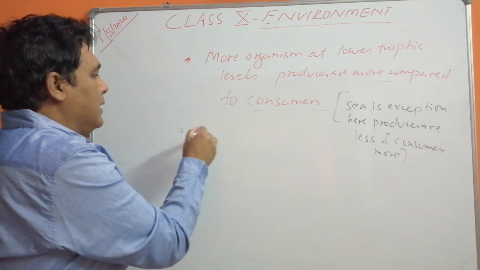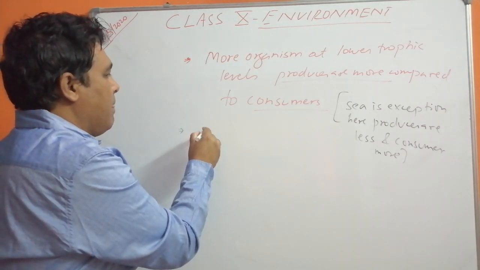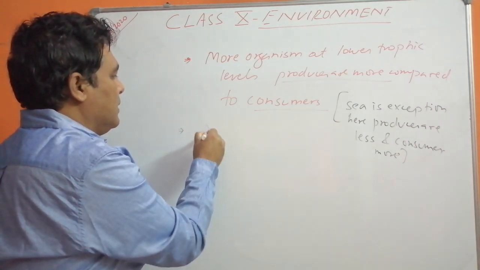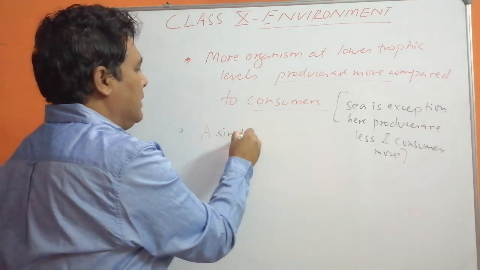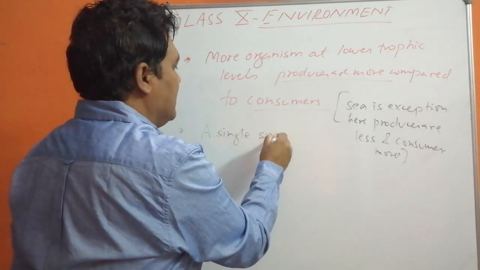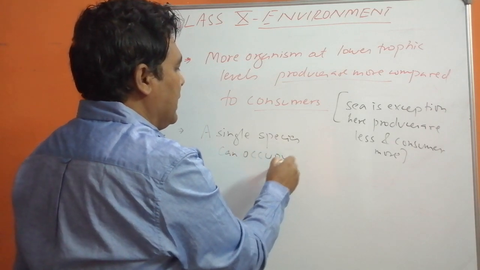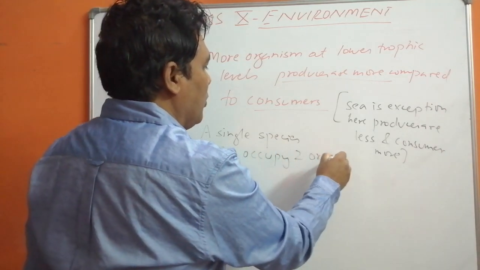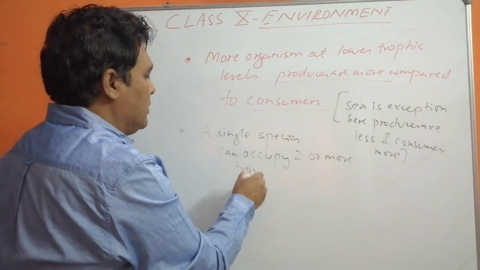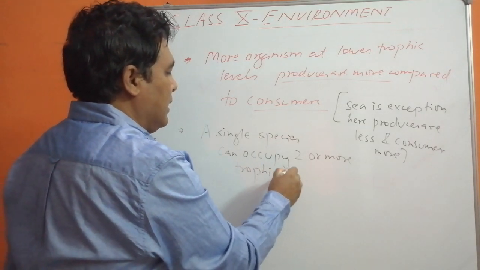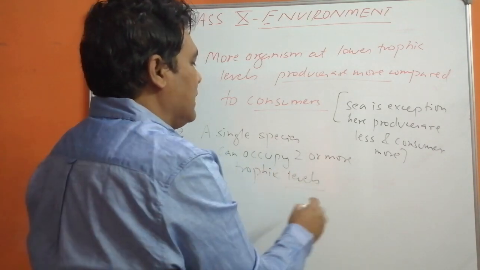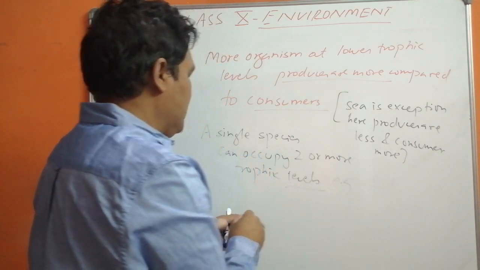Another thing is that a single species can occupy two or more trophic levels, as in the example of the sparrow.